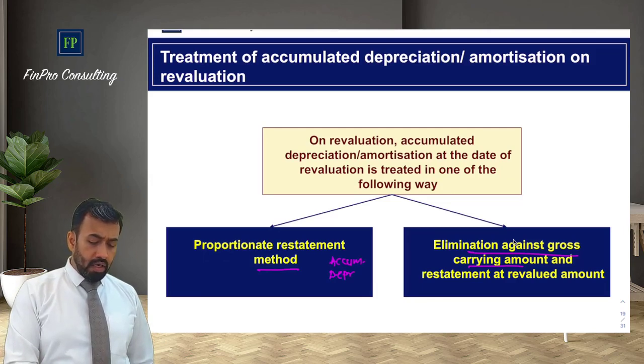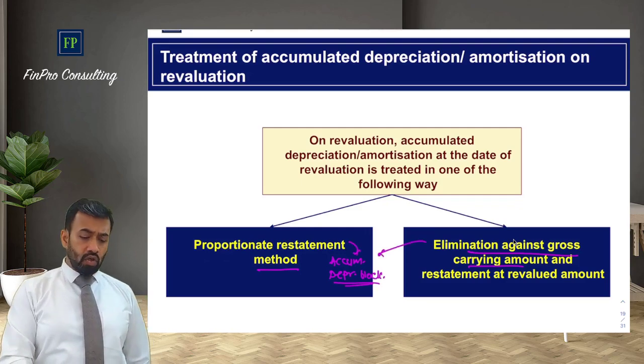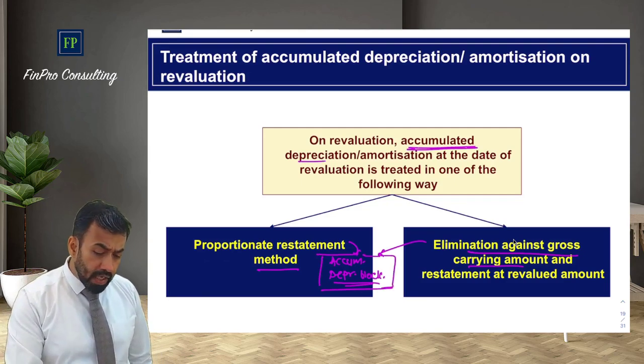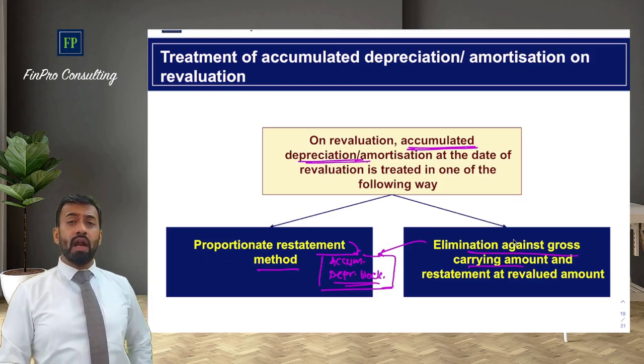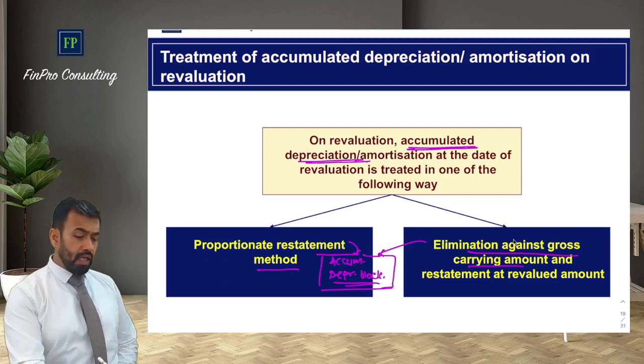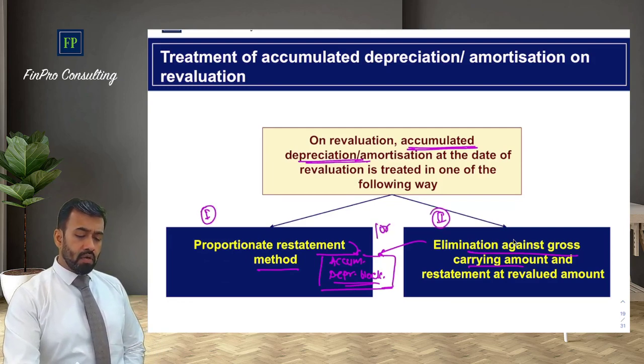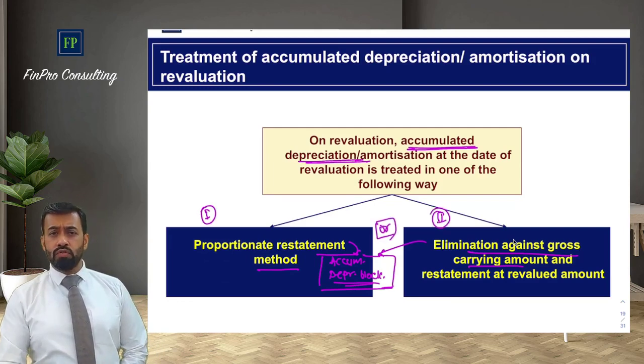The accumulated depreciation block has to be restated or eliminated. Both these methods talk about the accumulated depreciation. So on revaluation, accumulated depreciation or accumulated amortization is to be treated by either method. Any method which you want to use, you can use.